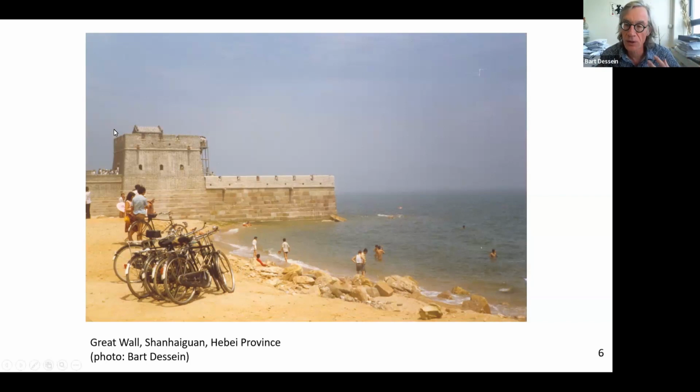It's also interesting to note that in Chinese historiography, the Great Wall of China has always been described and perceived as a negative symbol. Negative, for one reason, because it was built and maintained by forced labor. But in the context of today's presentation, even more important, it was conceived negatively because it was a limit.